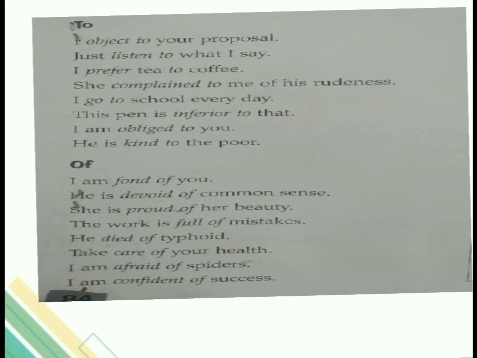So first, I object to your proposal. Object means I don't agree to your proposal. So object to is the phrase, and with that the preposition to will come. Now listen, we mostly use to. Listen to me, listen to her, right?